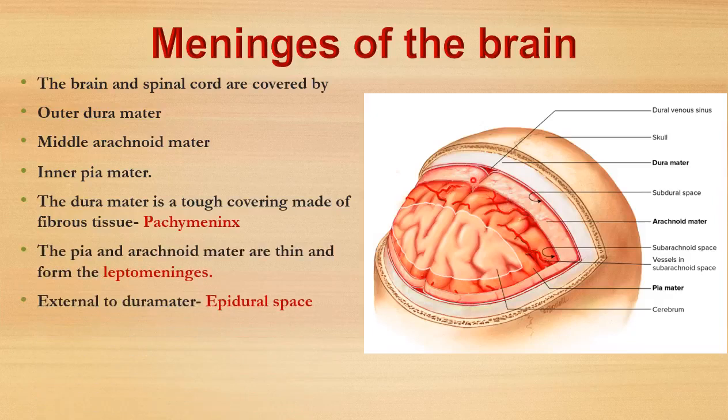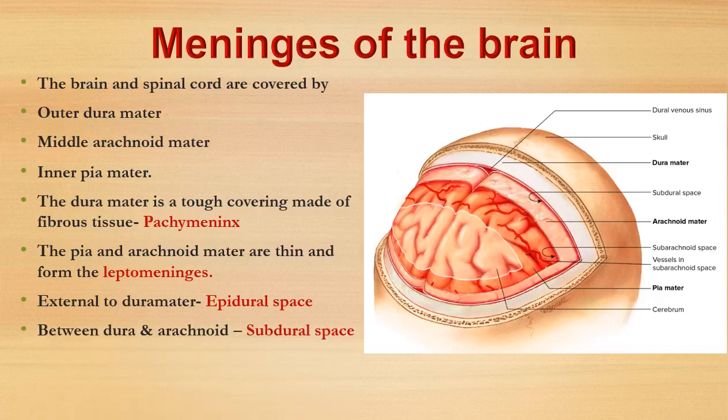Okay, so external to the Dura Mater, there is an epidural space which is not seen in the cranial cavity, but in the vertebral canal where the spinal cord is present, there exists an epidural space. Here in the cranial cavity, the epidural space you can see only when there is a hematoma or collection of blood.